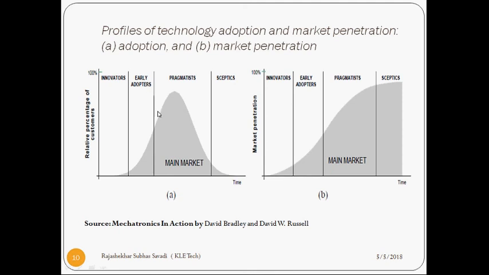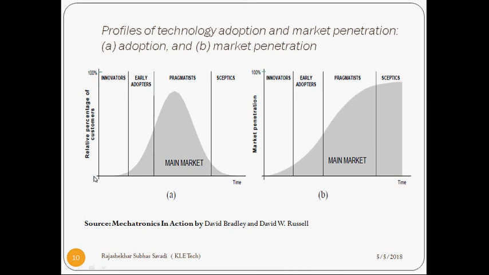So if you want to sell your product, you should be either an innovator or an early adopter. To be an innovator or early adopter, you should have R&D, research and development, going before it. If you want a shorter R&D, then you can enter the cycle early.